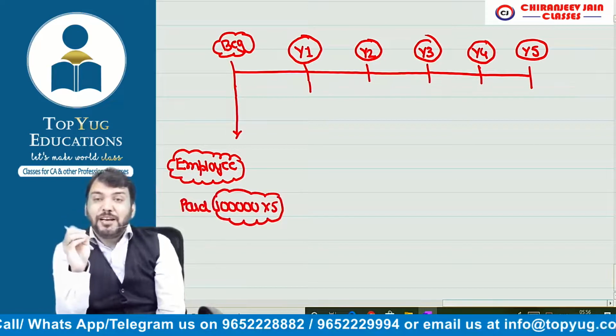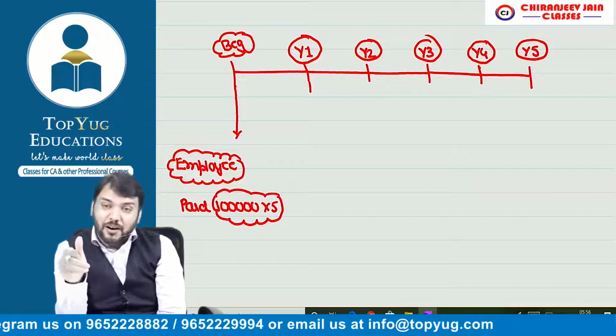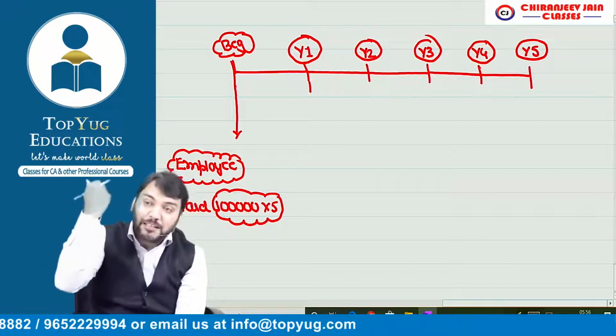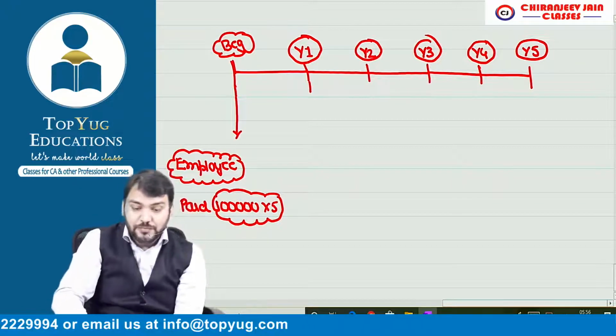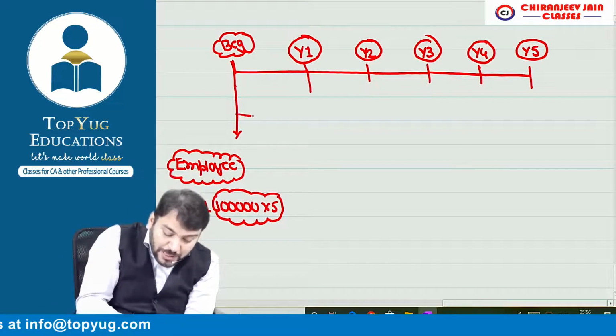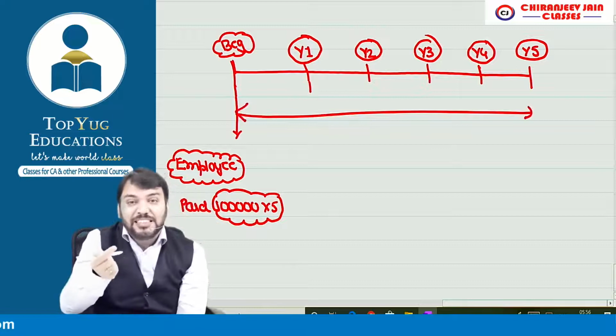Means you have done one contract with that person that he needs to work for 5 years, and only on this date you have paid 5 lakh. Understood? And he will work for how many years? 5 years. So when he works, only then will you receive the benefit.